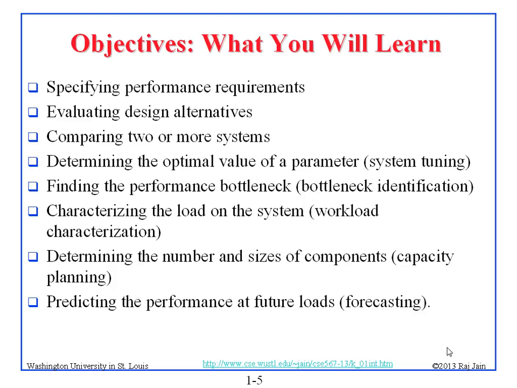And when you have a system, there are parameters, there are things that you can change, so how to tune them. And find the performance bottleneck. And that is one of the key things I will teach, or I want to emphasize throughout this course, is that the bottleneck is the key. If you want to improve the performance of anything, the first thing you need to find out is what the bottleneck is, and work on the bottleneck.